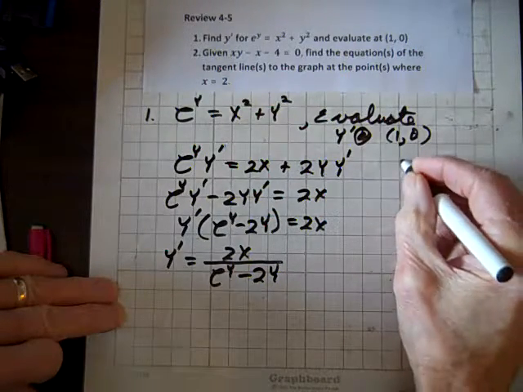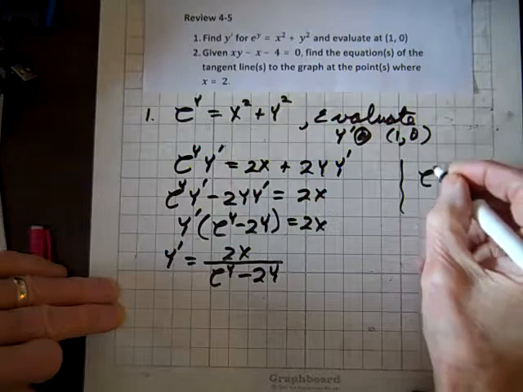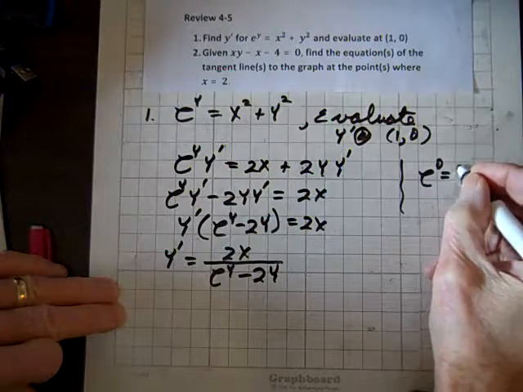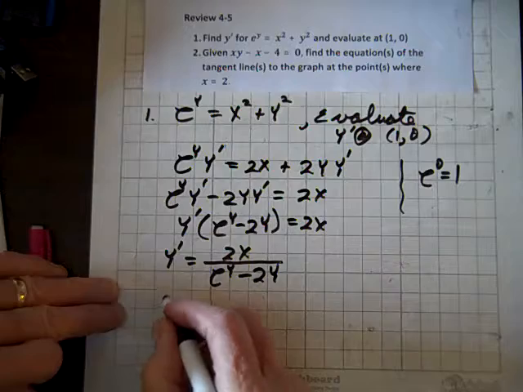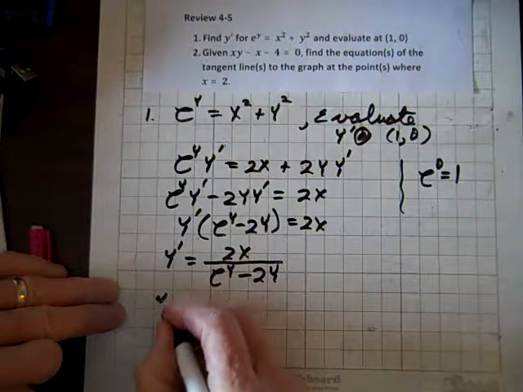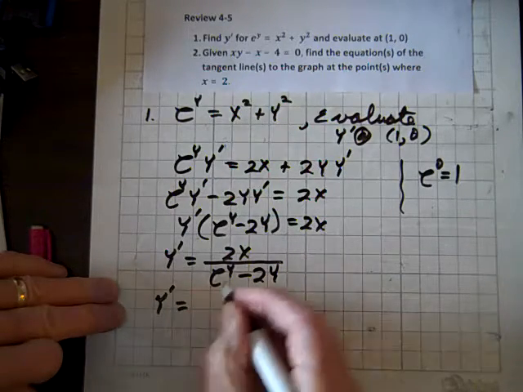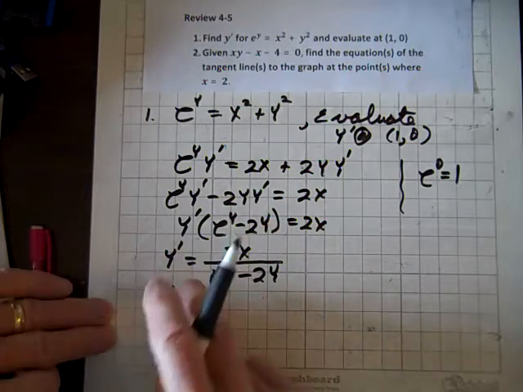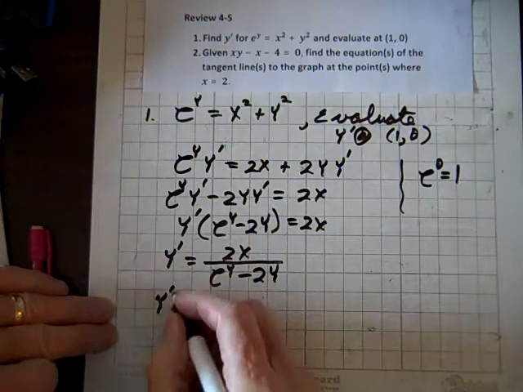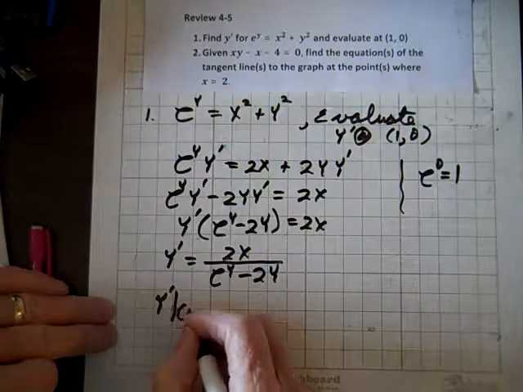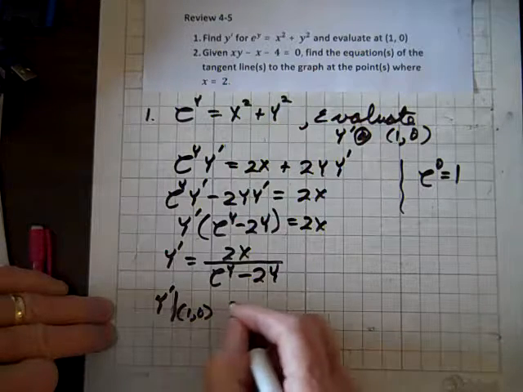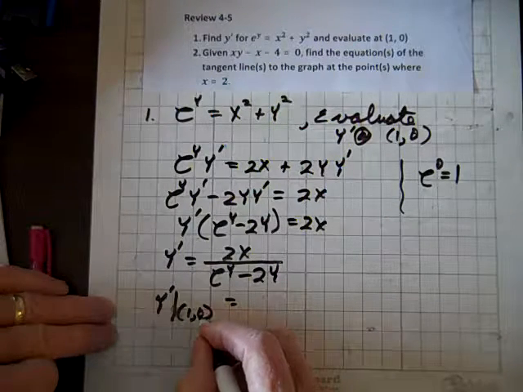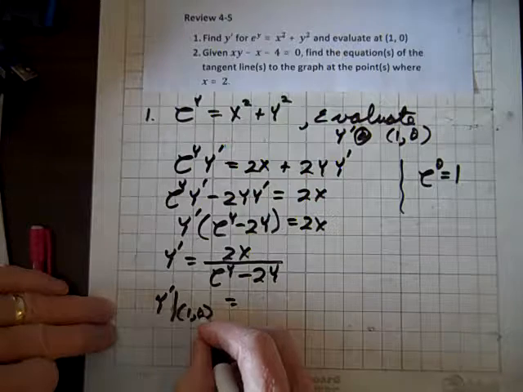Now you know this, that e to the 0 equals 1. The reason I say that is because of what we're going to do now. We're going to evaluate this for the ordered pair (1, 0). So every place we see a y, we're going to put a 0.